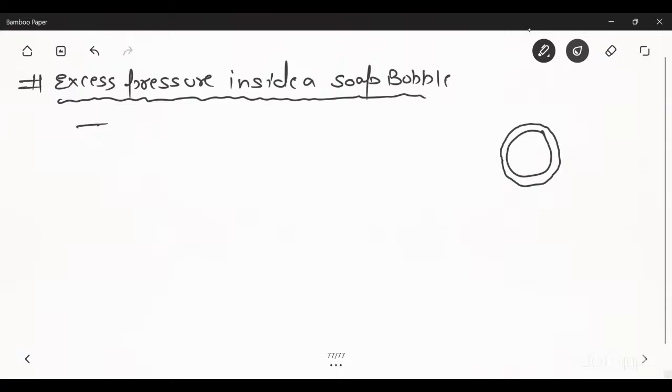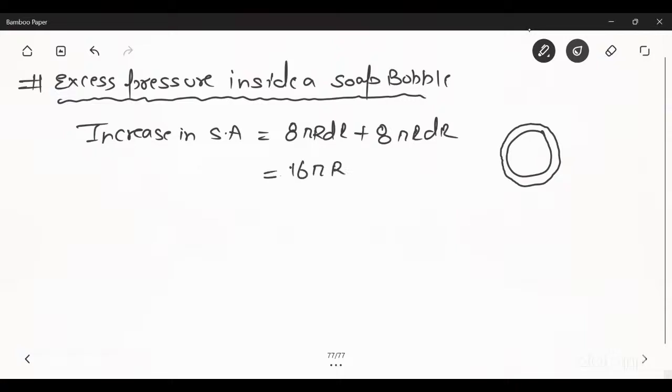So its increase in surface area is... We know that the increase in surface area in a normal liquid drop is 8 pi r dr, but it has two surfaces, so we can write one more 8 pi r dr of the second surface. So the total increase in surface area is 16 pi r dr.